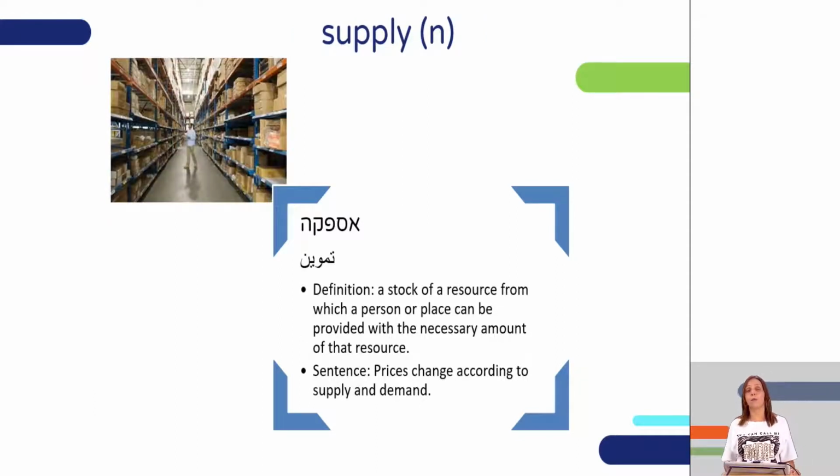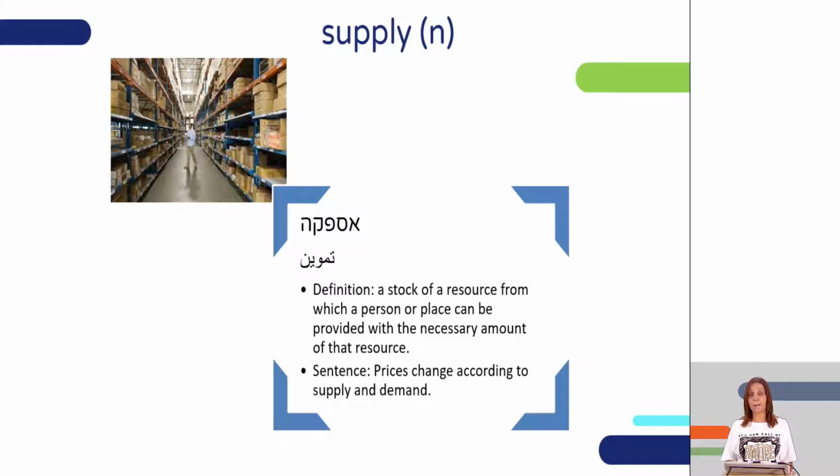We have the word supply. Supply here is used as a noun, and I want to highlight this because supply can be a verb as well, but here we are dealing with it as a noun. So supply here means a stock of a resource from which a person or place can be provided with the necessary amount of that resource.